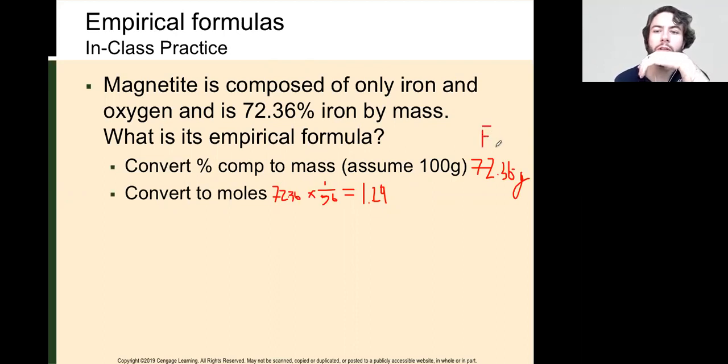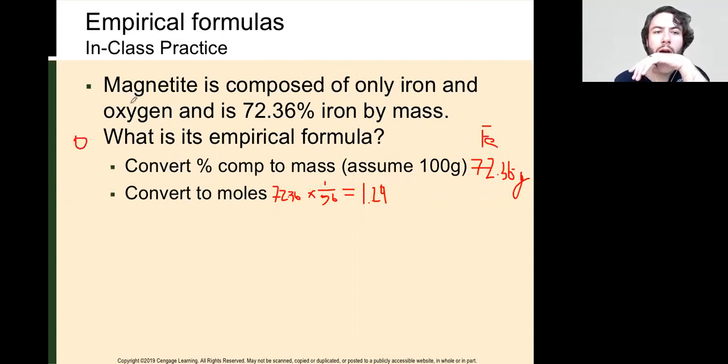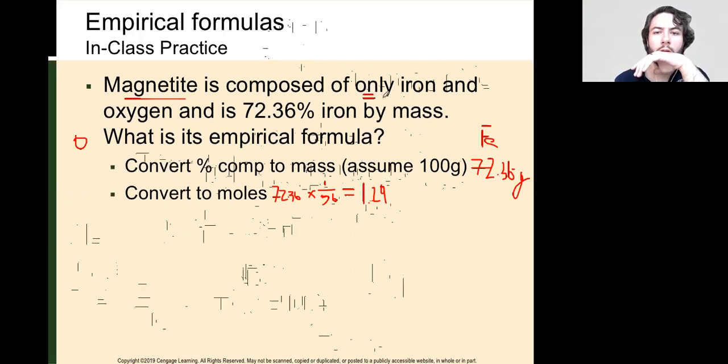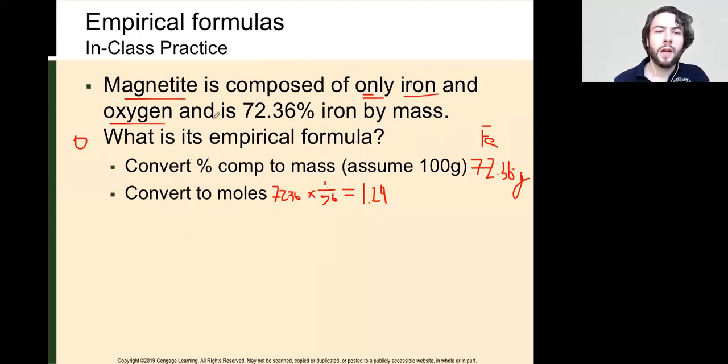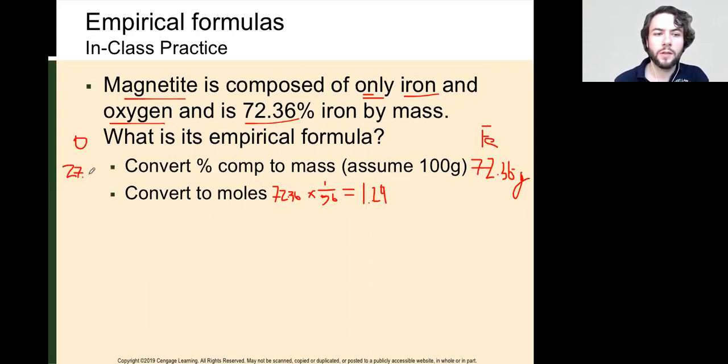We have to do oxygen on the other side then, over here. So the magnetite contains only iron and oxygen. And since it's 72.36% iron by mass, that means the other 27.64 percent must be oxygen. So we have 27.64 grams of oxygen. Can somebody tell me how many moles of oxygen I have if I have 27.64 grams of oxygen?